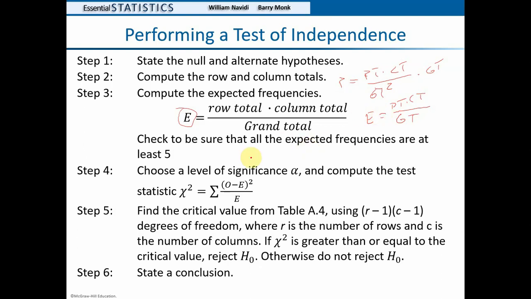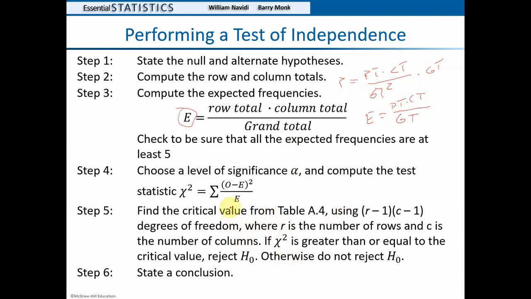Now once we get that, we choose a level of significance alpha. We compute our test statistic, the same as before: the sum of the difference between the observed and the expected, squared, divided by the expected value.